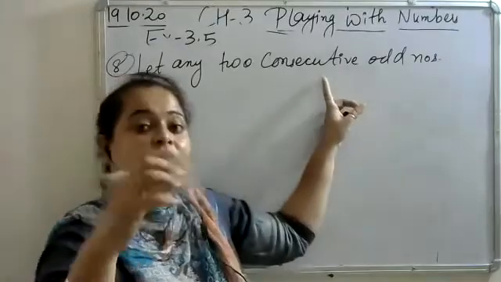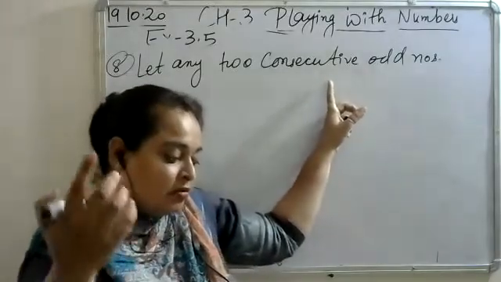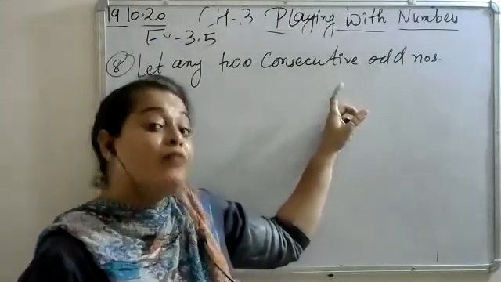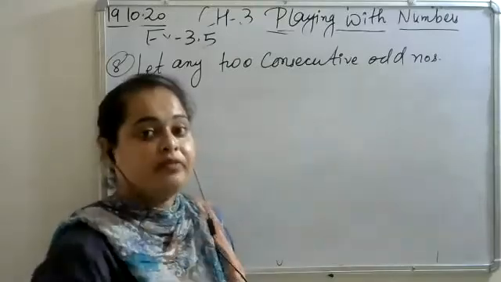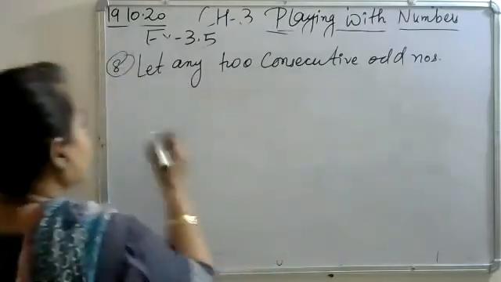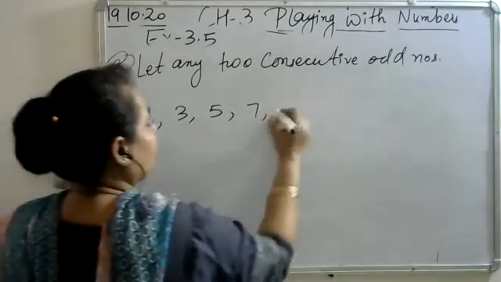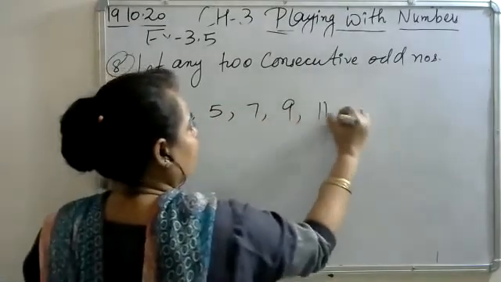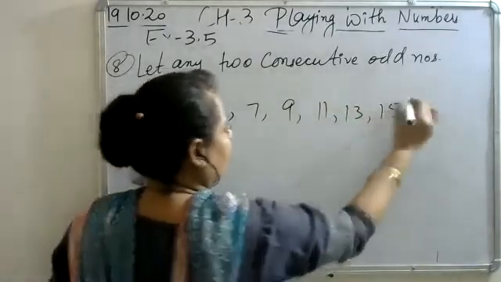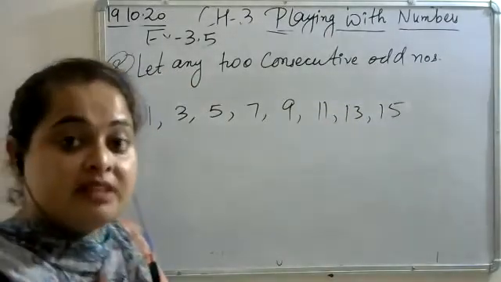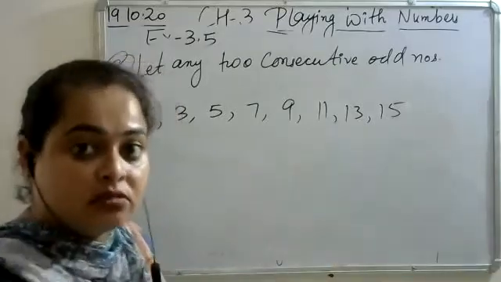Consecutive means one after the other. Veronica, 1 and 5 is not consecutive. Odd numbers are 1, 3, 5, 7, 9, 11, 13, 15.